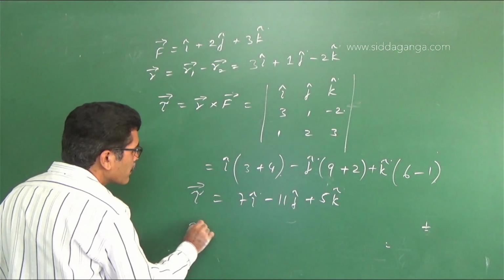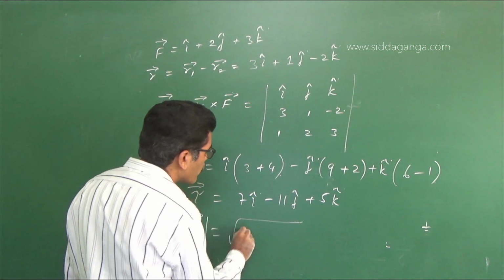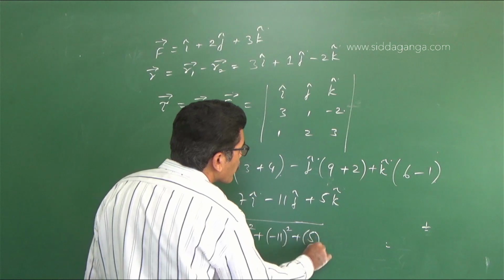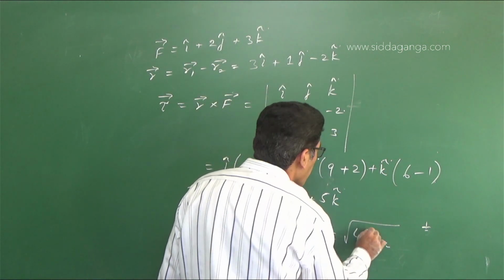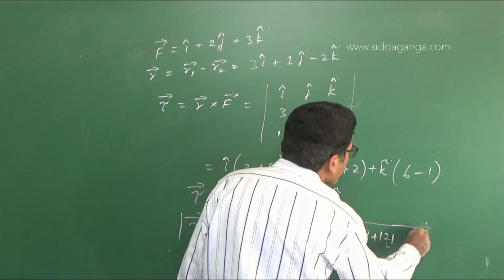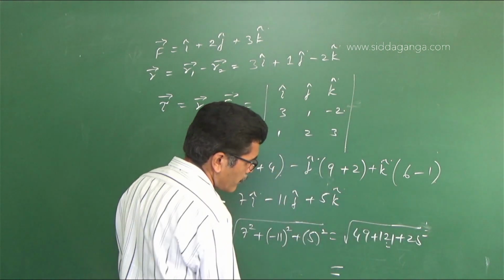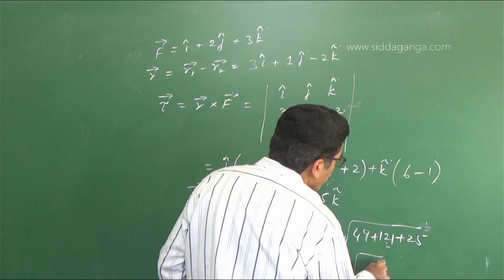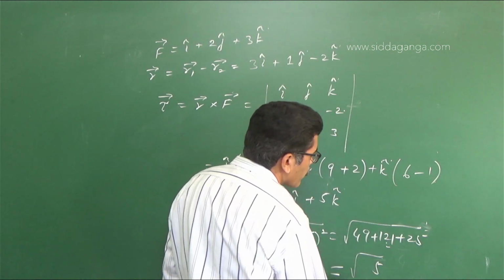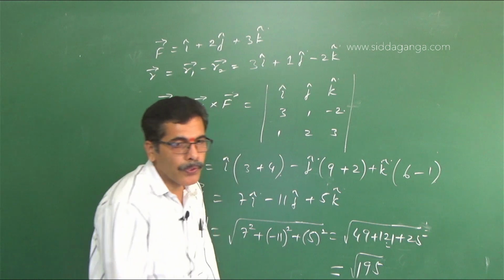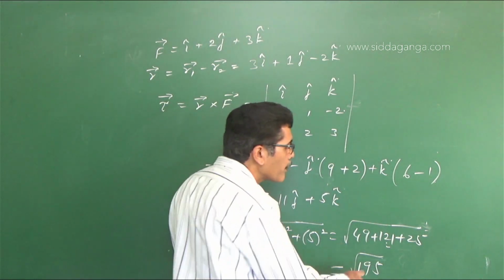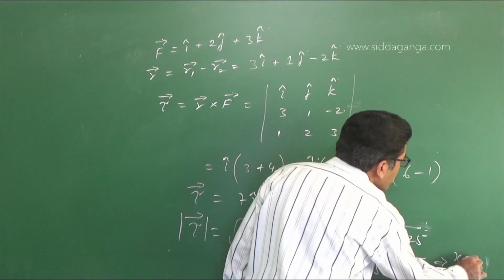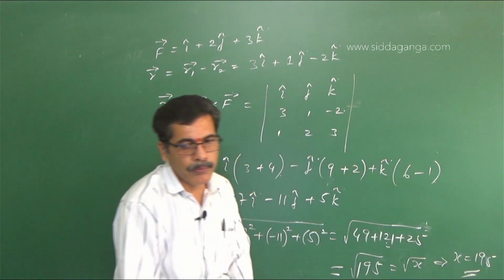Now you just calculate the magnitude of this torque: root of 7 square plus minus 11 whole square plus 5 square. This is 49 plus 121 plus 25. This gives you 195. Therefore, this is equal to root x. They have given this is root x. So this implies x is equal to 195. 195 is the correct answer.